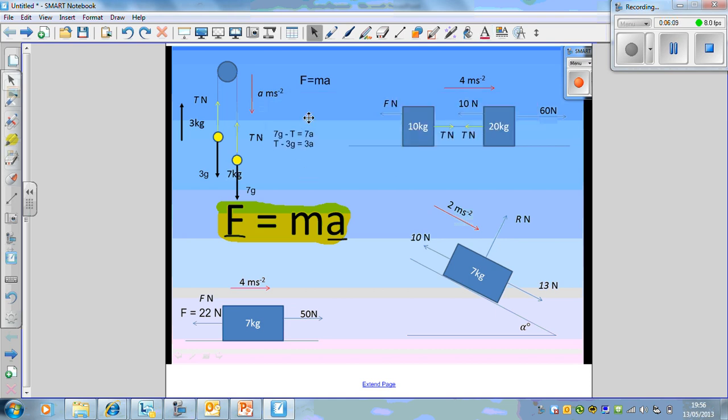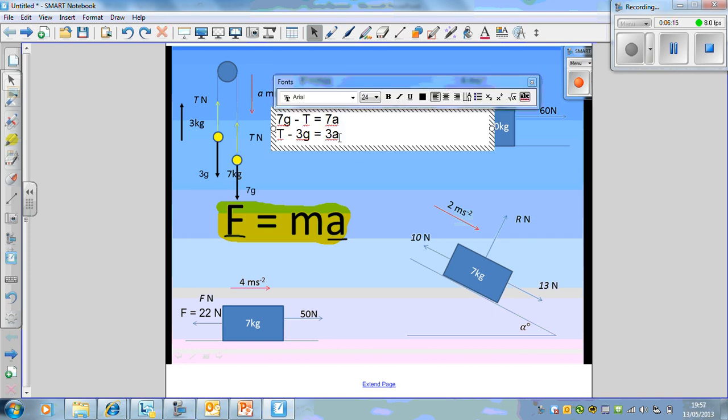So, we have got this pair of simultaneous equations to solve. Now, at first thoughts, you may think this looks pretty nasty, but actually it's not too bad, because if we add these equations up, the minus T and the plus T will cancel. So we end up with 7g minus 3g, 4g, and that's going to be equal to 7a plus 3a, so that's equal to 10a.